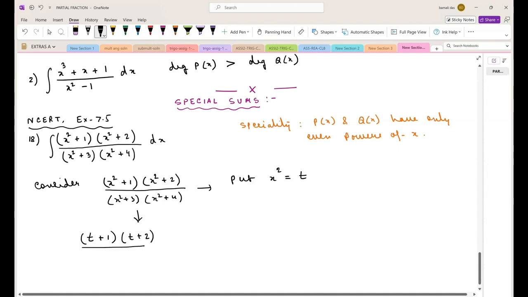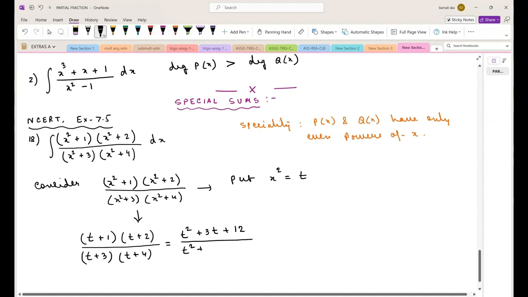by (t plus 3)(t plus 4), which on simplification is (t square plus 3t plus 2) by (t square plus 7t plus 12). I hope I'm doing the calculations correctly. So you really need to check it once.